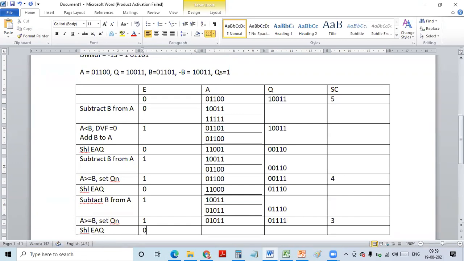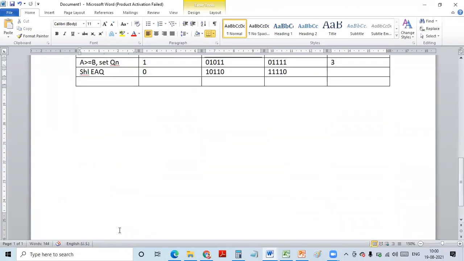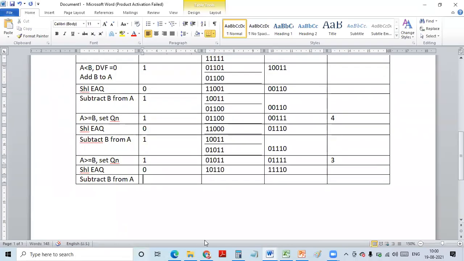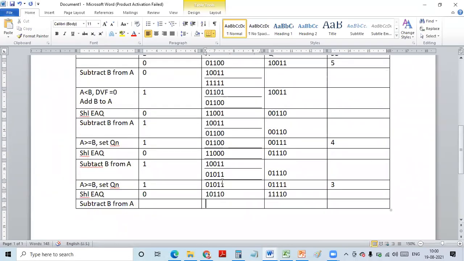E is 0, 1 0 1 1 0 1 1 1 1. Now the new Qn is 0 for which we are testing. The next is subtract B from A. Okay. So it's nothing but adding minus B to A. Minus B is 1 0 0 1 1.